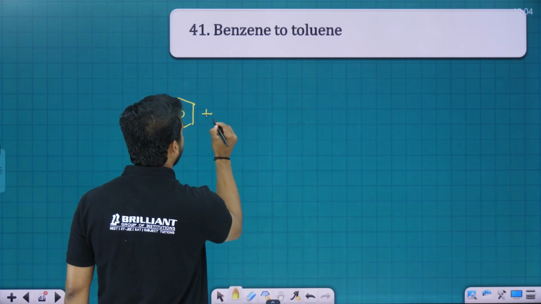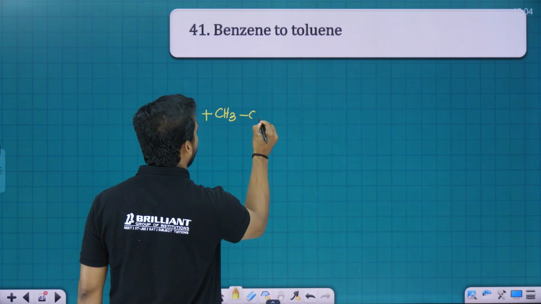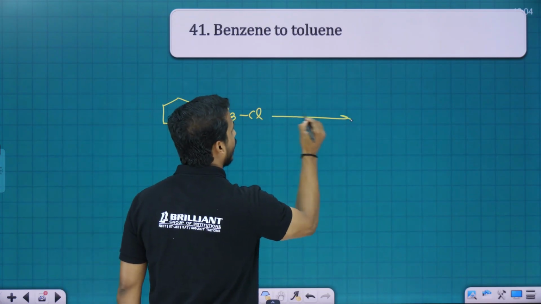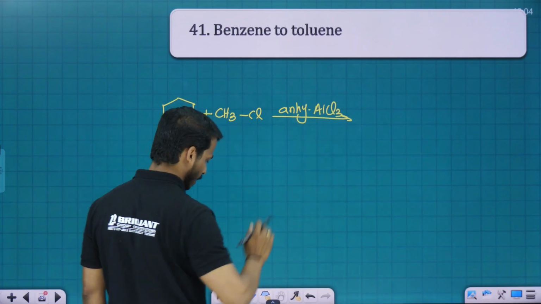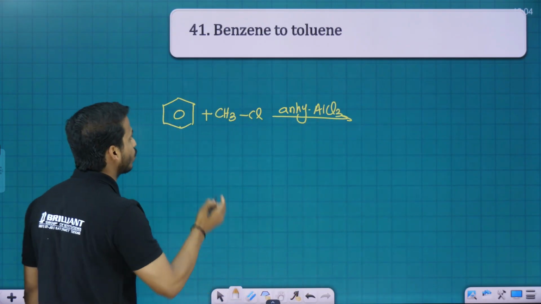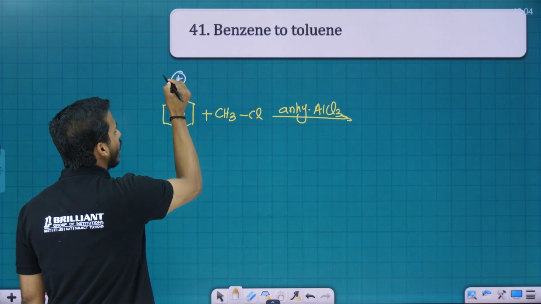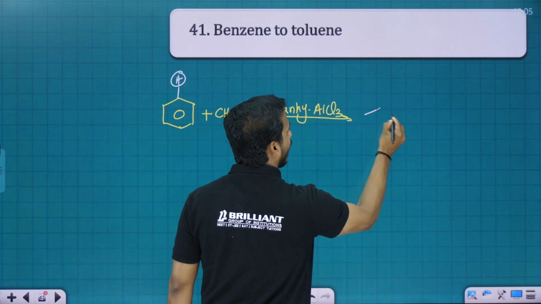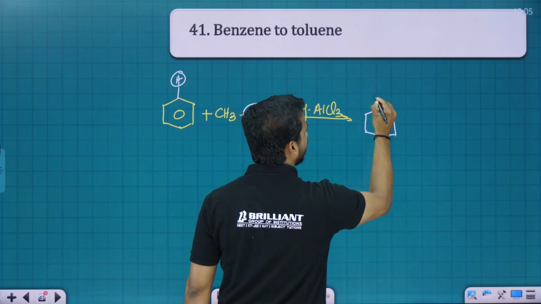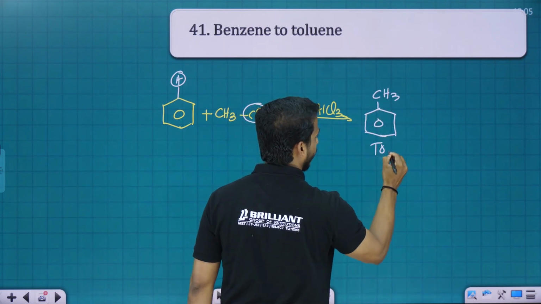What is Friedel-Crafts alkylation? Add CH3Cl in the presence of the catalyst anhydrous AlCl3. Simply, from benzene one hydrogen and the Cl go out and the CH3 adds into benzene. Benzene with the CH3 we call toluene.